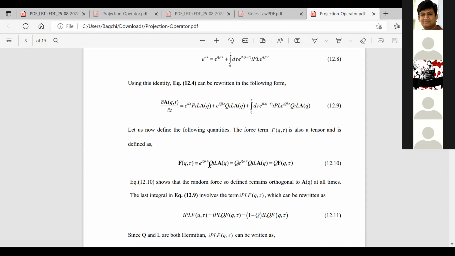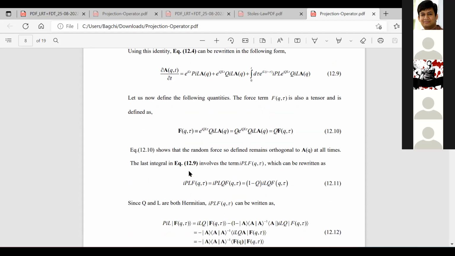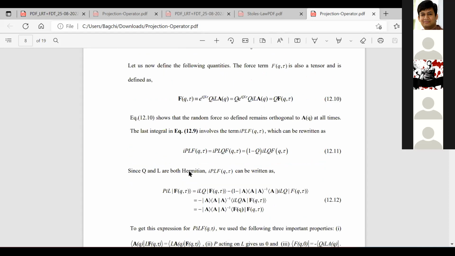And then I can get this quantity. e to the power iQLt is an interesting quantity because it is propagating in the orthogonal space. So A dot is formed here. Then A dot is multiplied by Q, so you project in the orthogonal space. Then you further propagate in the orthogonal space. So that is the reason F is completely in the orthogonal space. It is nothing of our subspace A. I should have probably clarified it a little bit.